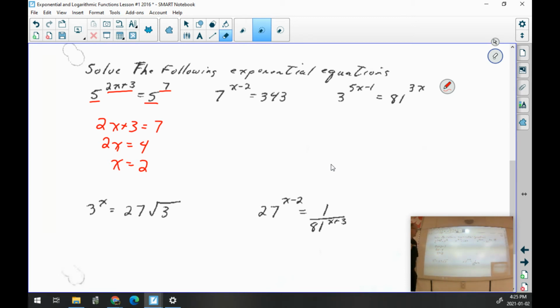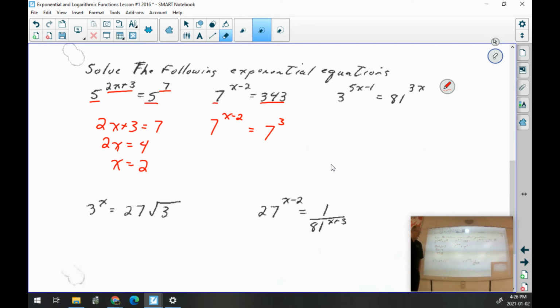Now, here, we don't have quite the same thing. We have 7, and we have 343. Most of us maybe do not know that 343 can be written as a power of 7. I understand that. But 7 cubed is 49 times 7.